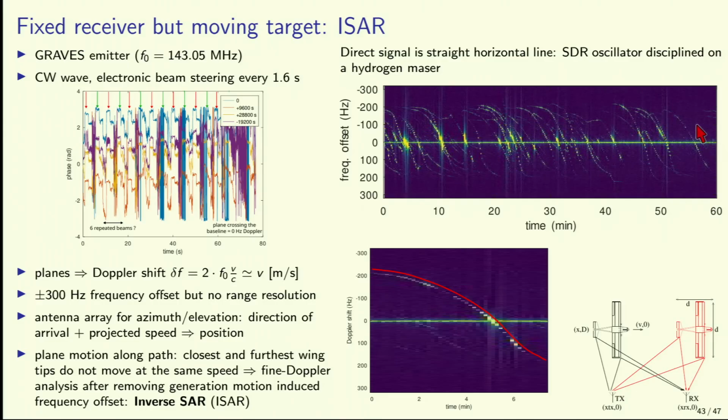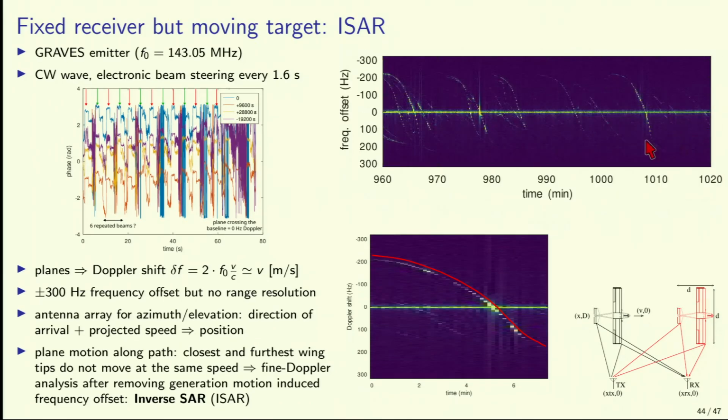Now, if you take one of these signals here, during daytime it's very crowded, but during nighttime you have much fewer planes, and then you can isolate one of these planes. What happens is, as this plane is flying inside the beam, you've got the far-away wing, which is farther away than the nearby wing, or you've got the tail, which is at a different location than the nose, and they will introduce different Doppler shift.